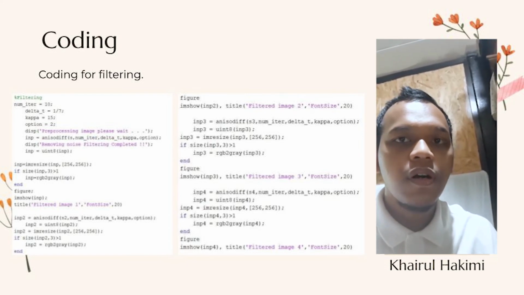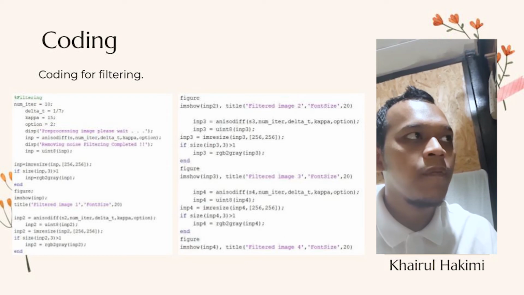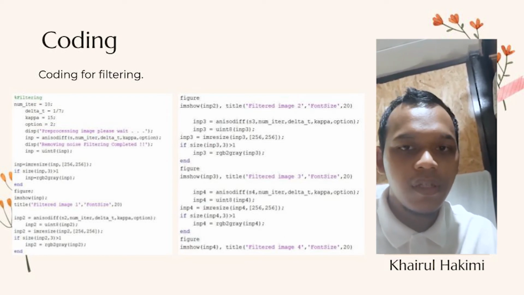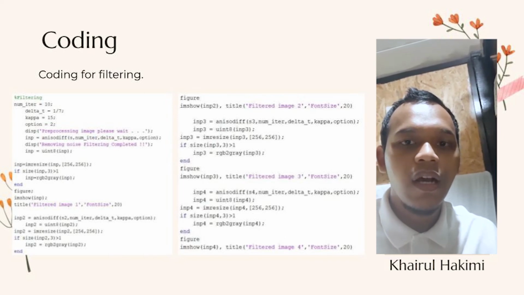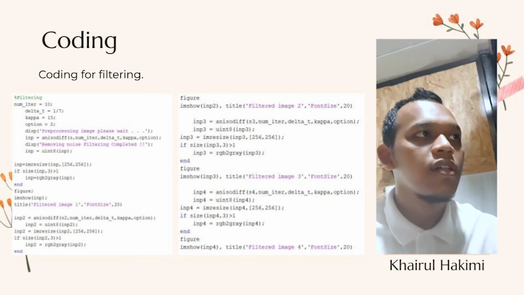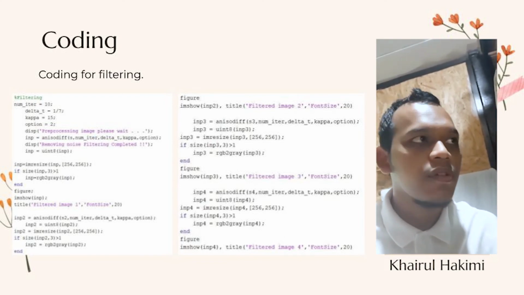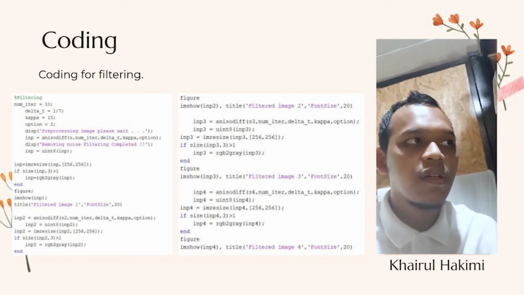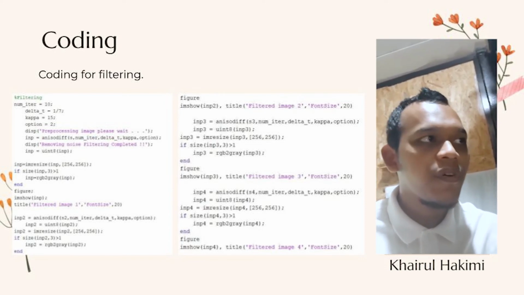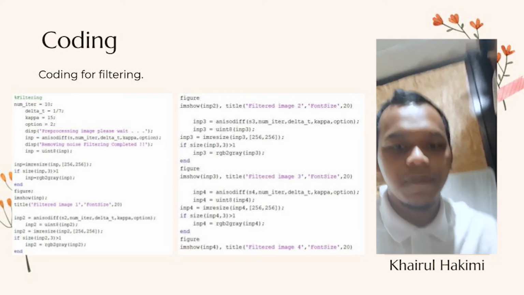And then for each of the four images, it will display the filter image. It comes up as filter image 1, down the font size, and then filter image 2, and so on. That is the coding for our filtered image.